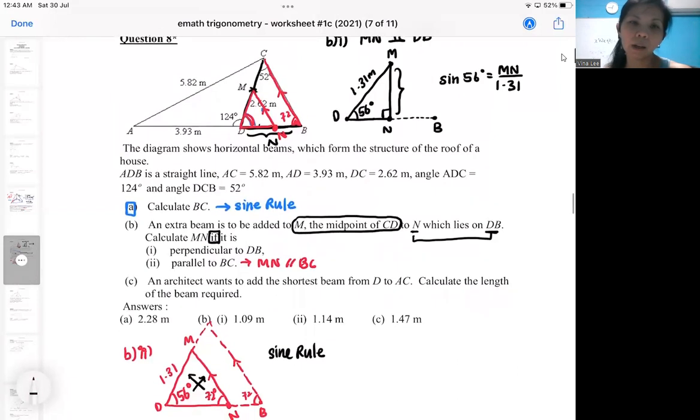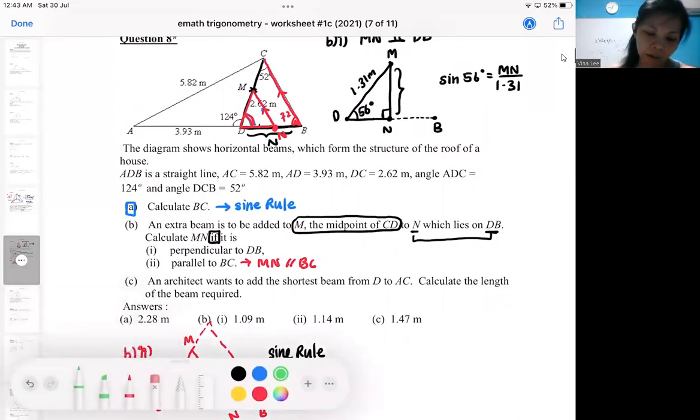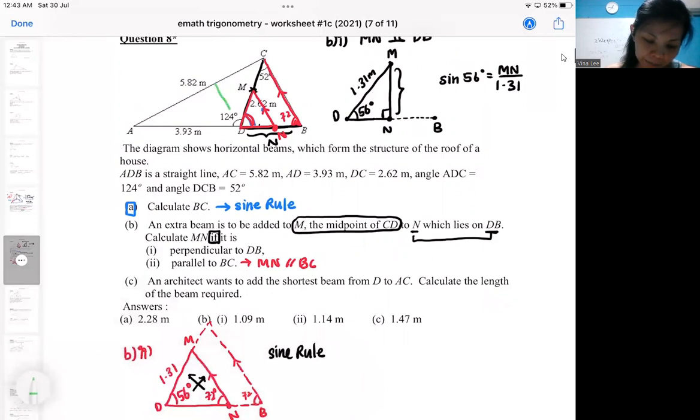Then we come to the last part. The last part, we want the shortest beam from D to AC. So when you see the instruction shortest, it has to be perpendicular. And don't get misled. The 124 is not going to cut exactly into half. It will not cut exactly into half.